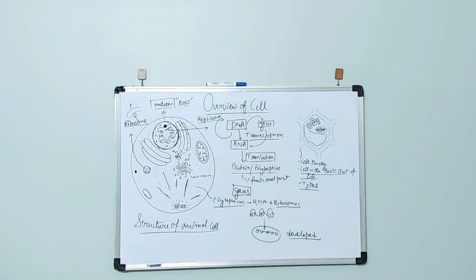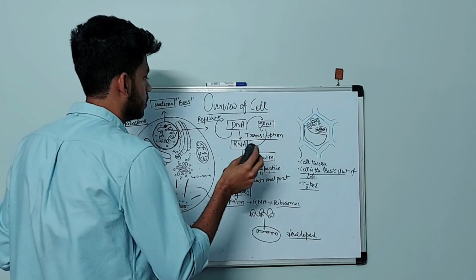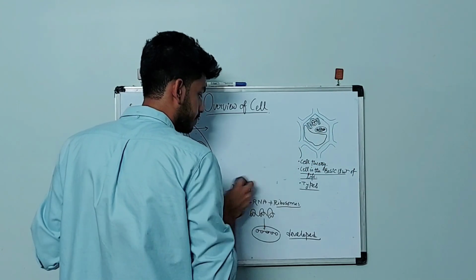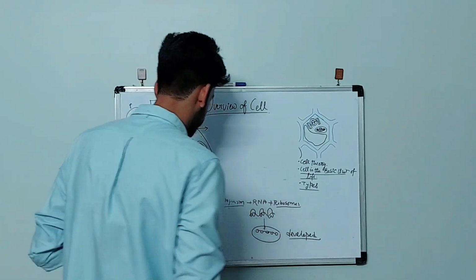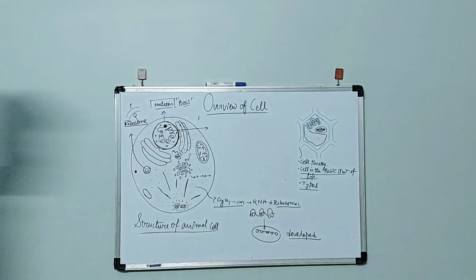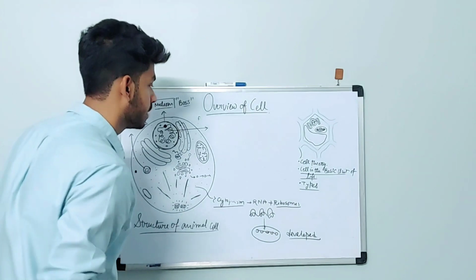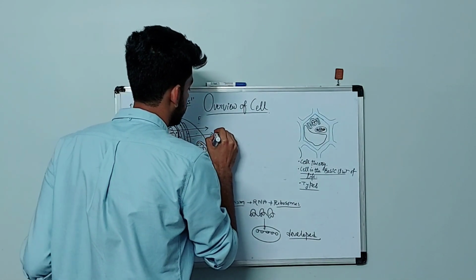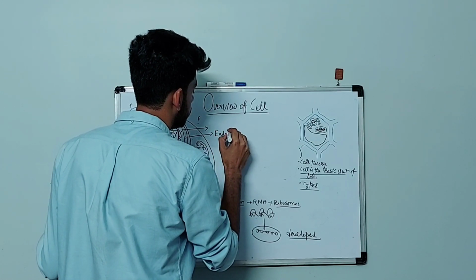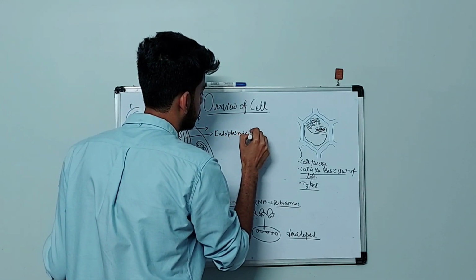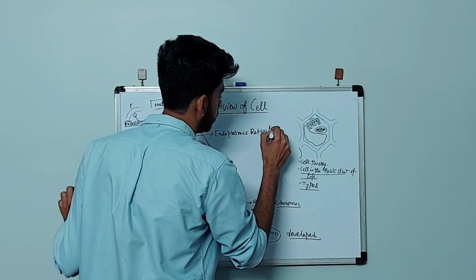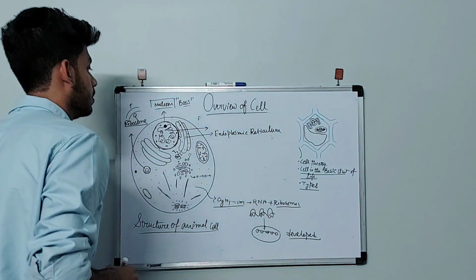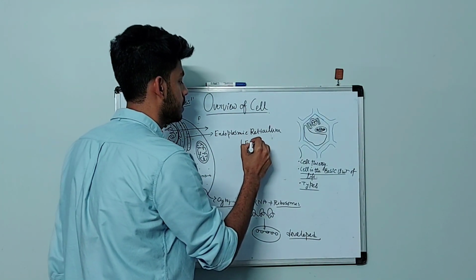I am erasing some part of it. So the protein, to get its armor, goes into these organelles called endoplasmic reticulum, or I can shortly call them ER.